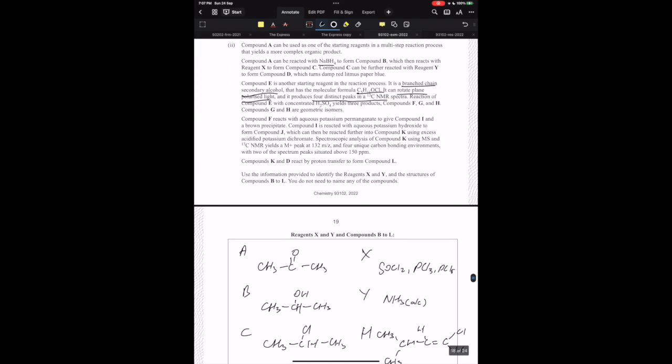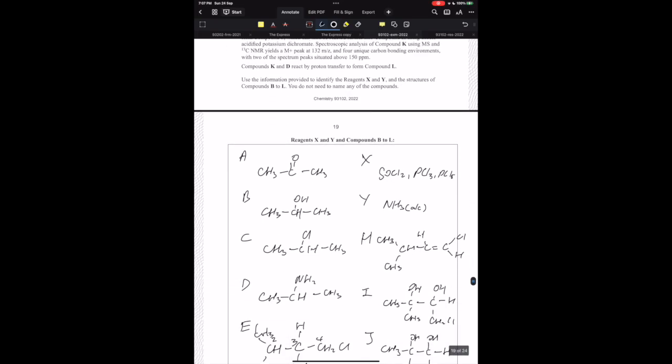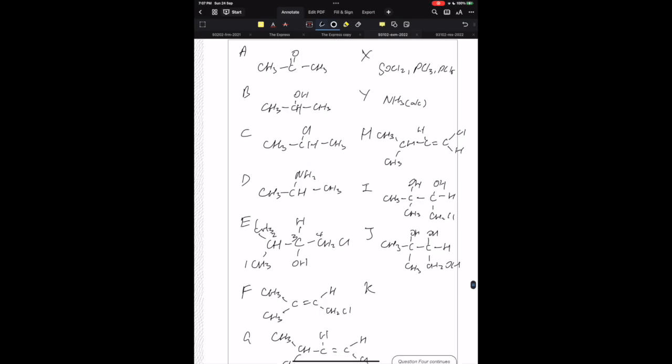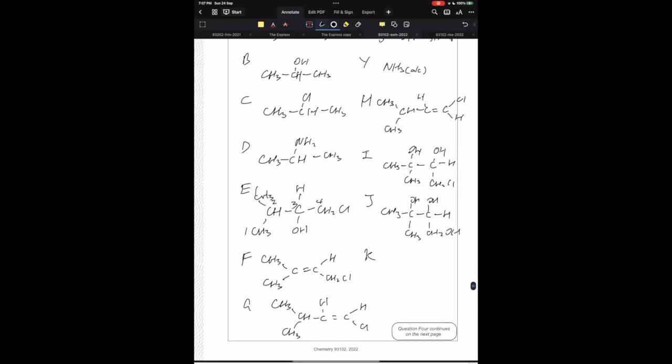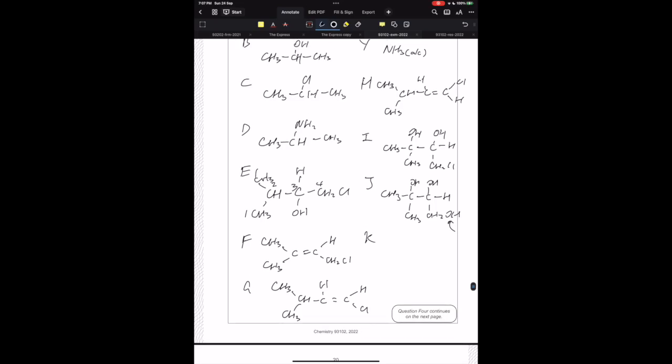Compound K is what happens when you react it with excess acidified potassium dichromate, which is basically oxidizing the molecule. So what happens if we oxidize this? This would oxidize into a carboxylic acid because it's primary. This would oxidize into a ketone because it's secondary.